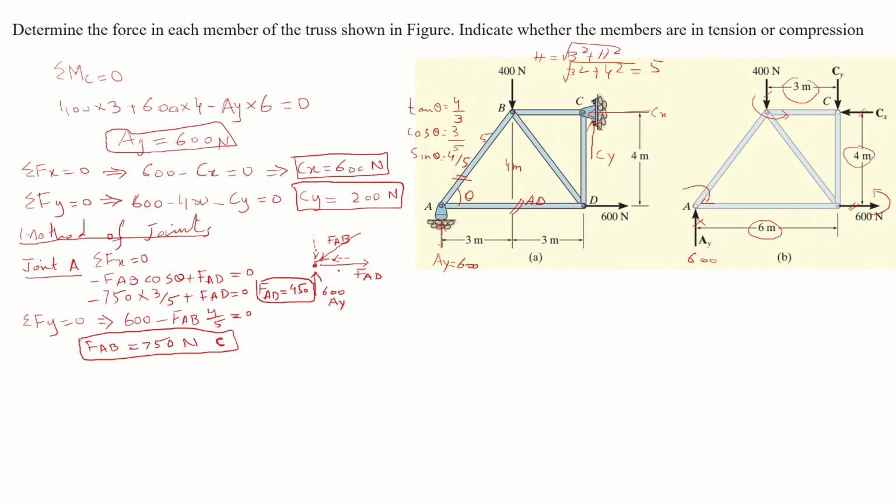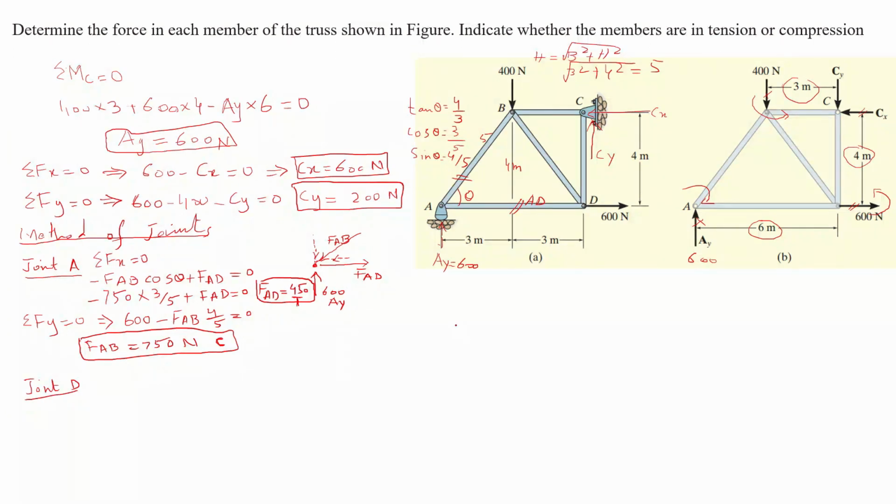And you can see FAD is directed away from this joint, so this is a tensile force. So we place a T here, showing that this is a tensile force. Then we will move to another joint, which is joint D.